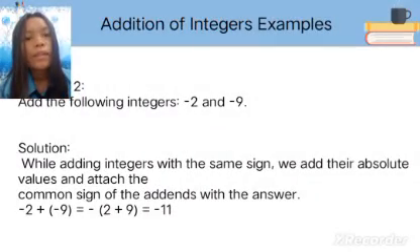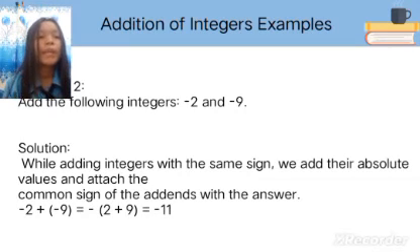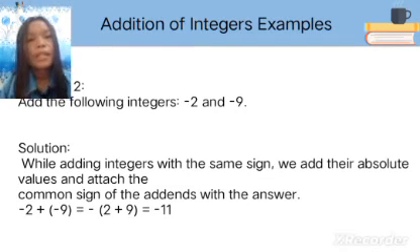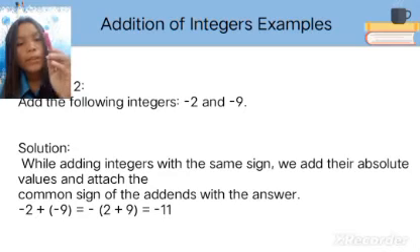Next, add the following integers, negative 2 and negative 9. Solution. While adding integers with the same sign, we add their absolute values and attach the common sign of the addends to the answer. So, negative 2 plus negative 9: first, we copy the sign, negative.